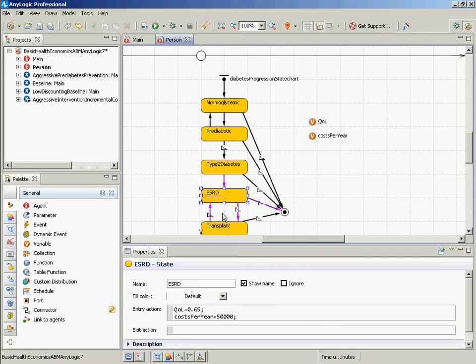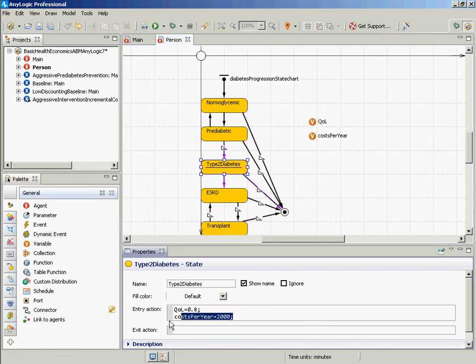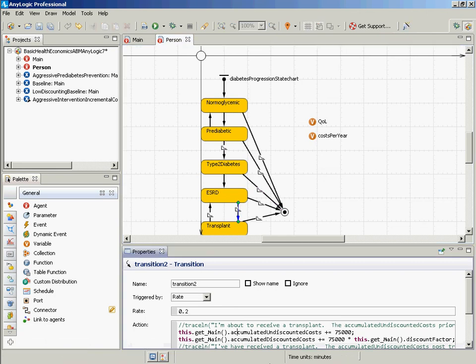However, that's not all. You'll notice in this transition to a transplant, there's a different sort of cost. There's a cost per event. So you not only have costs per year of being in a health state, you also have costs per event. For example, when a transplant takes place, there's a cost associated with it, say of $75,000. Okay.